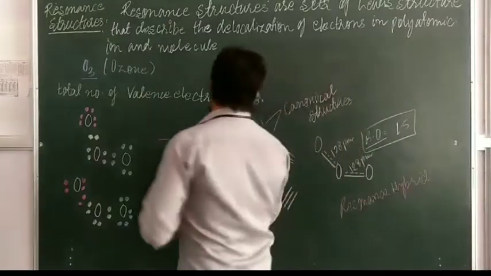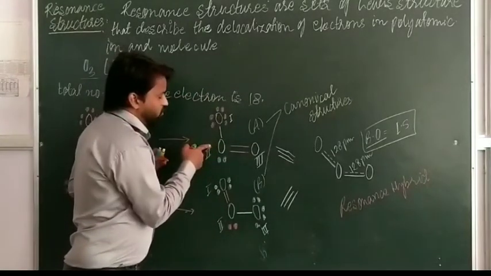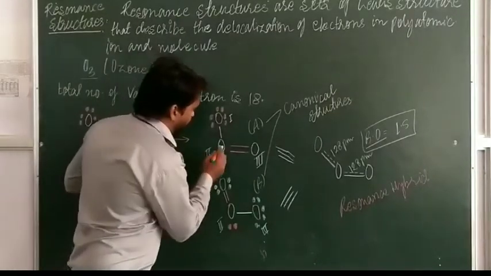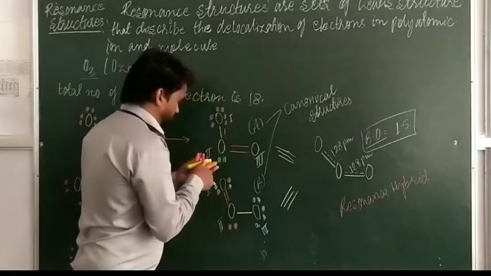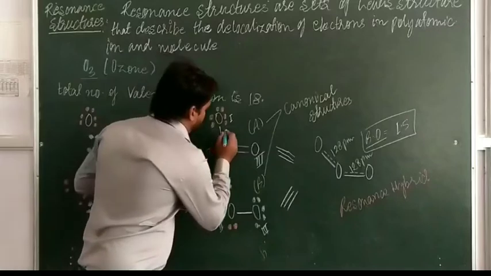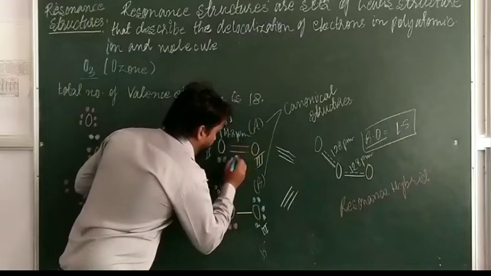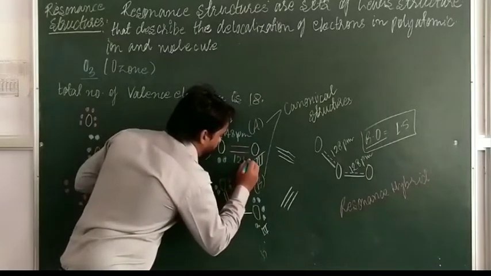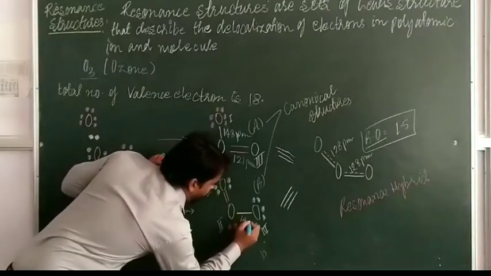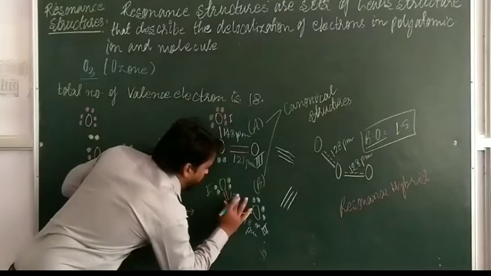But in the first set of the ozone molecule, the first and second oxygen have a bond length of 148 picometer, and the double covalent bond has 121 picometer, and this one is also 148 picometer, and this one is also 121 picometer.